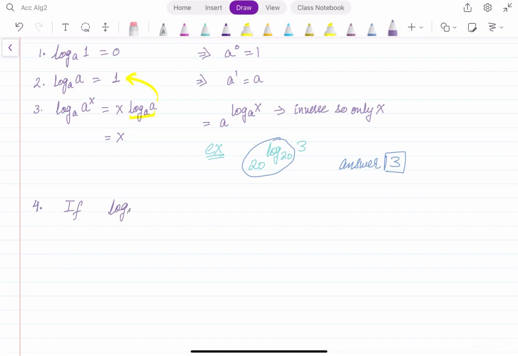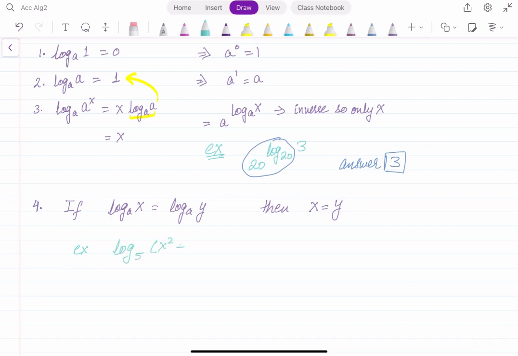If log base a of x is equal to log base a of y, then because both the logs have the same base, I don't need these logs. We can just say x is equal to y, the same as the exponent property.